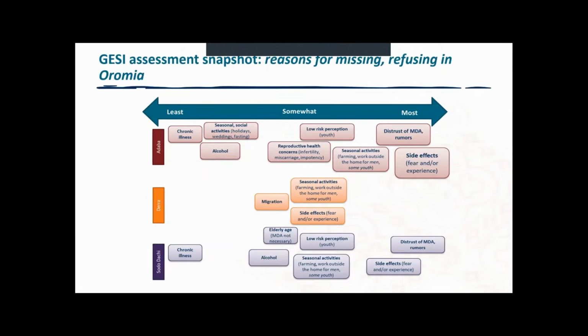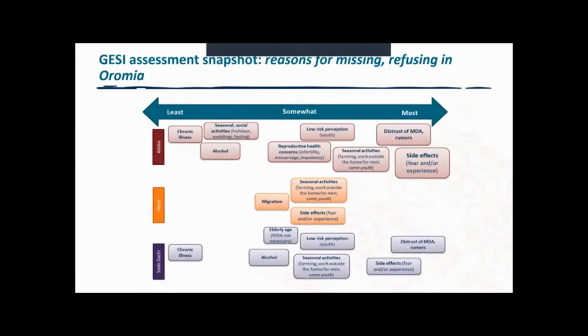Here you can see the top reasons for why people miss or refuse MDA in the 3 woredas in Oromia region, based on how often they were mentioned by participants in the assessment. In addition to understanding why someone is missing or refusing, it is also key to identify who is missing or refusing, especially as we continue with the behavior change activity.